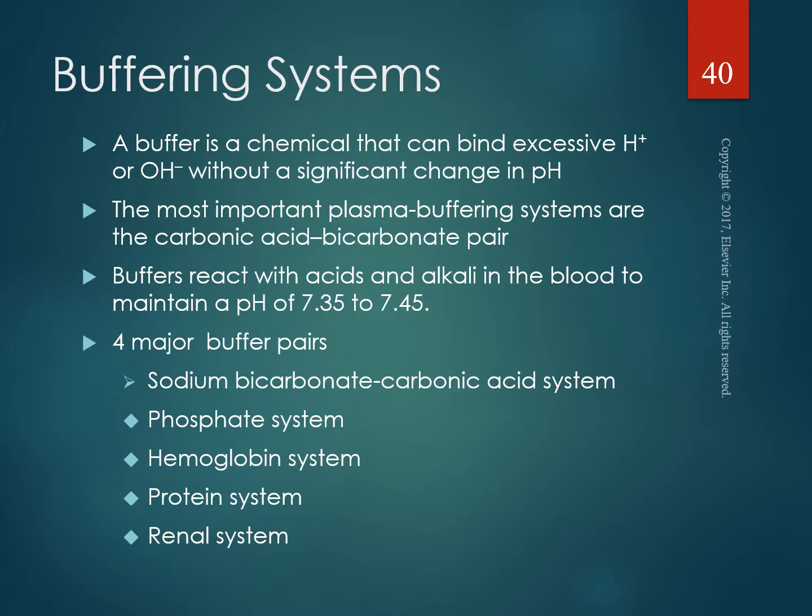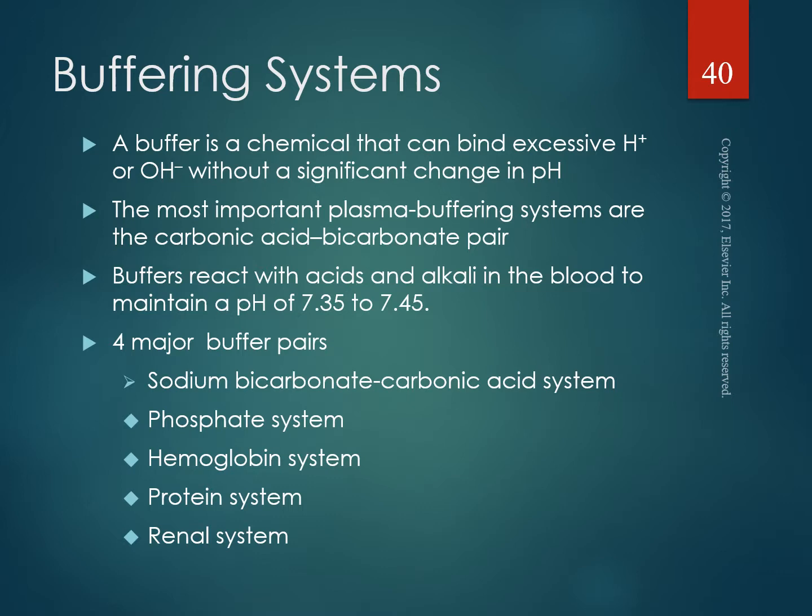So, buffering systems. A buffer is a chemical that can bind excessive hydrogen or OH without a significant change in pH. The most important plasma buffering system is the carbonic acid-bicarbonate pair.